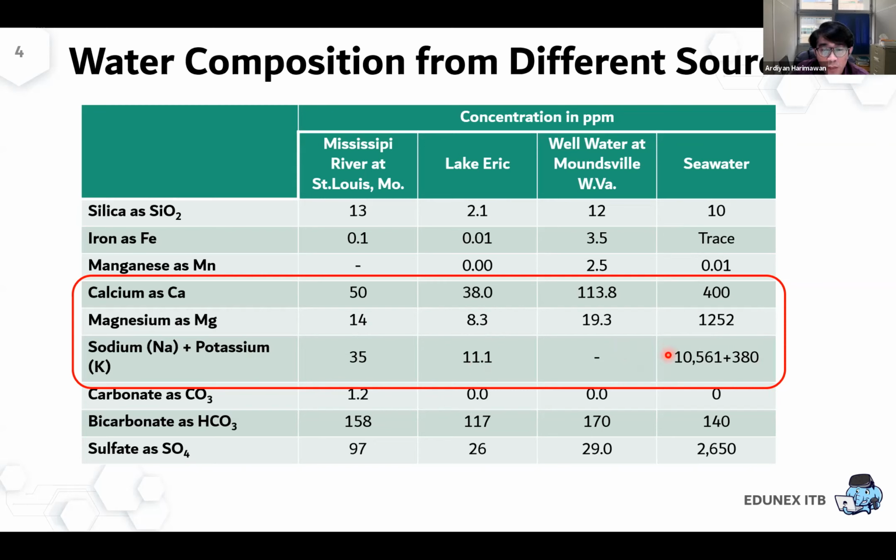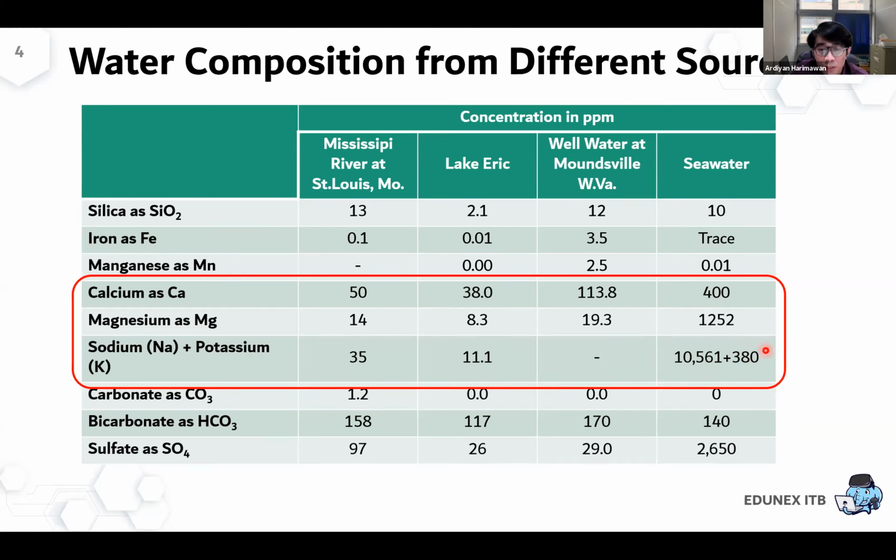So that's why if you want to use seawater maybe for the industry or to support our daily life, we need to remove this salt, because if you consume salt in high concentration, then it will endanger your life, of course.